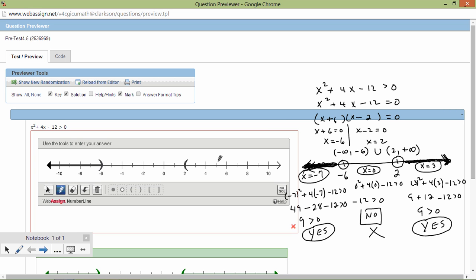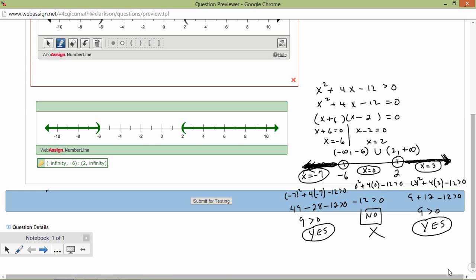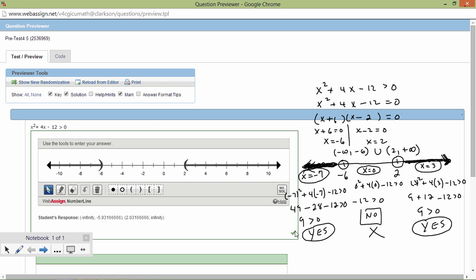Then you come over to the 2 to plus infinity interval, and you click there, and it will shade that interval for you. Now all that's left to do is submit our answer, right? So I submit the answer, and you'll see this red X right here will go to a green check mark. So I'm just going to click this right here, submit for testing, and there's our green check mark. And so we got it correct.